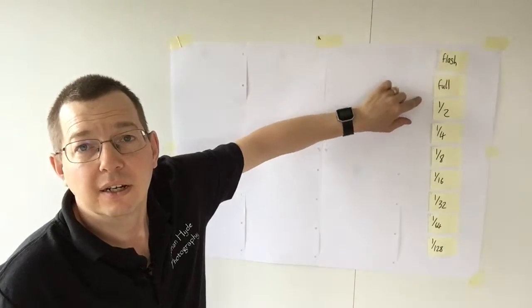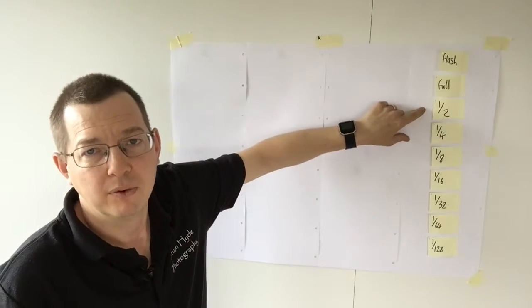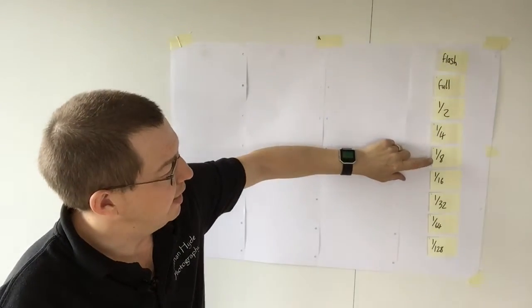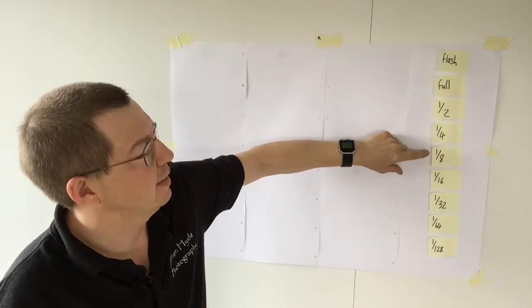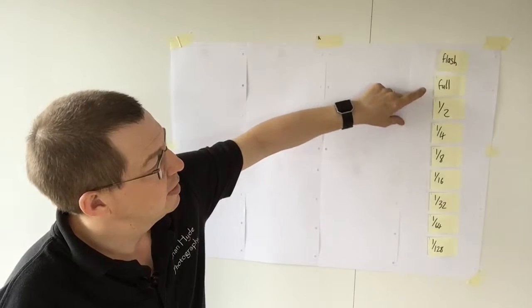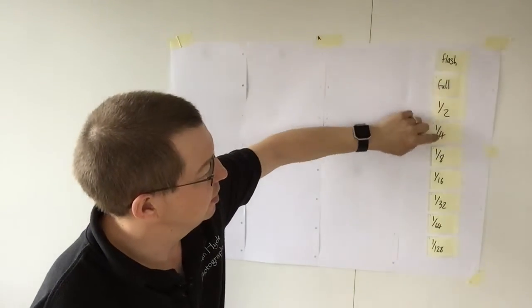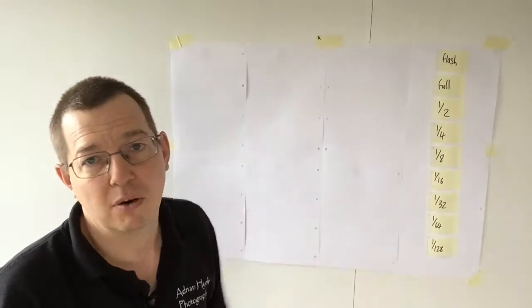All these are stops, and every one is half of the power before. So 1/8 of the power is half the light of the one before. These marks are 1, 2, 3, 4, 5, 6, 7 stops.